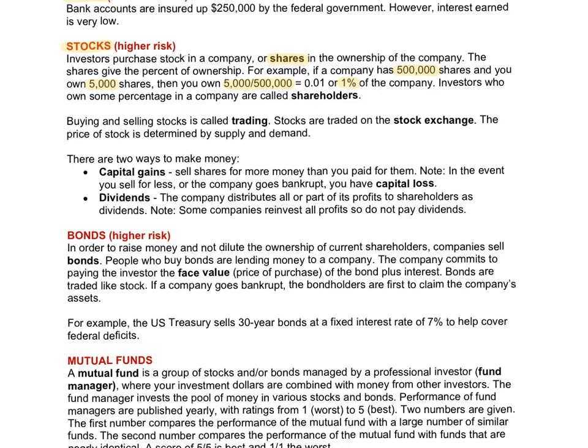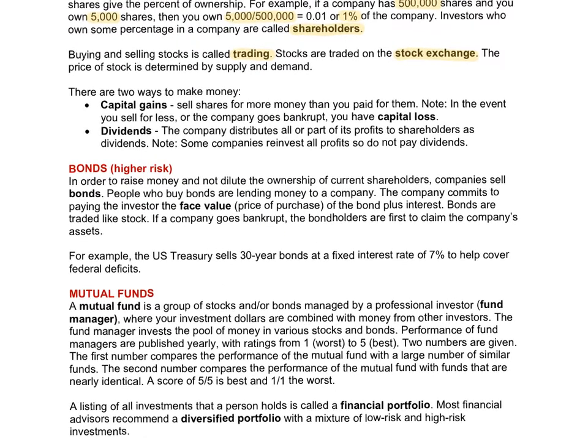So investors who own some percentage in a company are called shareholders. Buying and selling stocks is called trading. Stocks are traded on the stock exchange. So in the United States, the New York Stock Exchange is our big stock exchange that's on Wall Street.